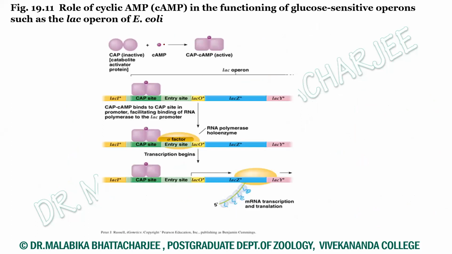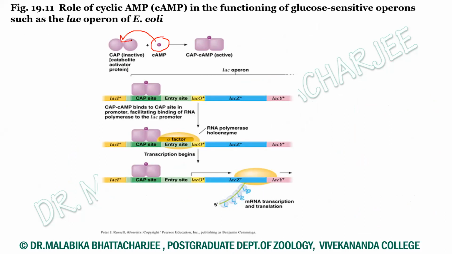Now in the cell, we have a high amount of cyclic adenosine monophosphate. As I related, a high amount of cyclic adenosine monophosphate indicates that glucose has now become very low in the cell. This pairs with a protein known as Catabolite Activator Protein.